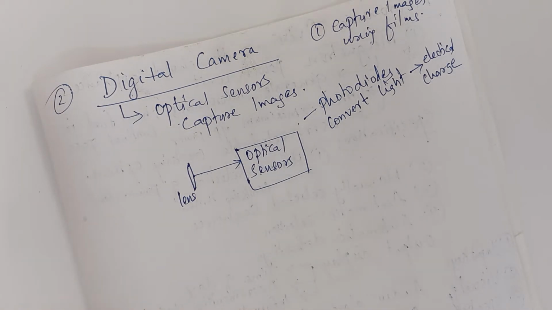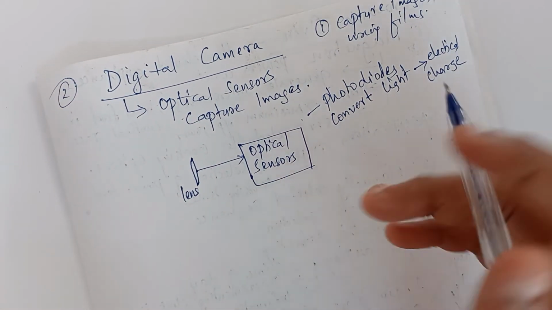Just as we had film to capture images in our traditional camera, nowadays in the digital camera we have optical sensors, that is, photodiodes. What is the use of this?